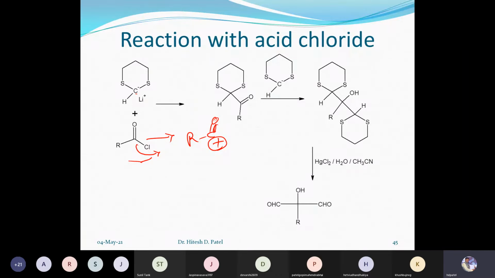As we know, this is a nucleophile and it will attack this carbon, and as a result we will get RC=O C. This compound, on further treatment with 2-lithium-1,3-dithiane, replacement of this hydrogen also takes place, and on both sides we have this ring. Then by hydrolysis, by treatment with HgCl2, water and acetonitrile, we can remove this part. Here also we can remove this part, and then we will get the C=O group. Here also the C=O group.